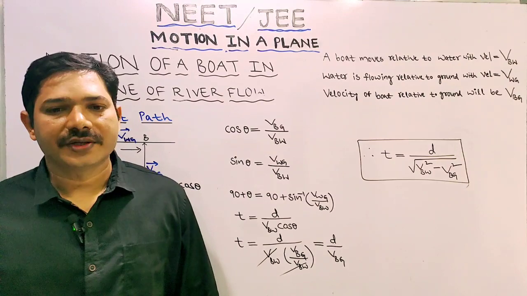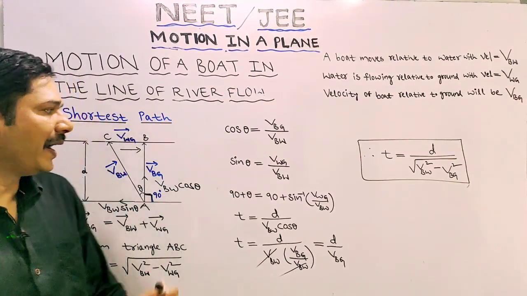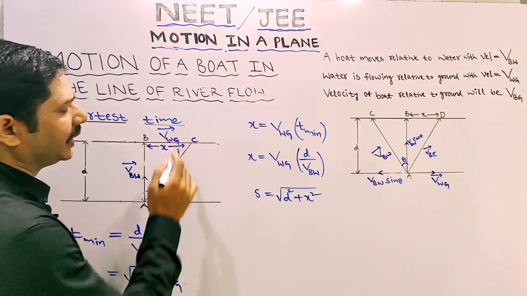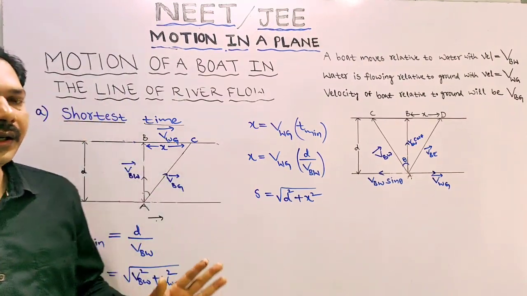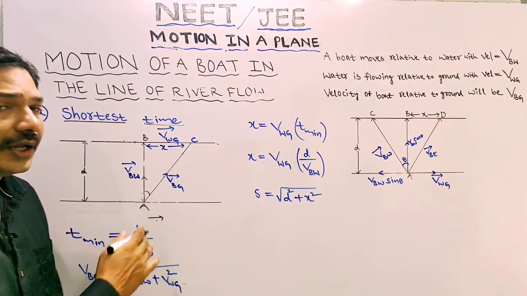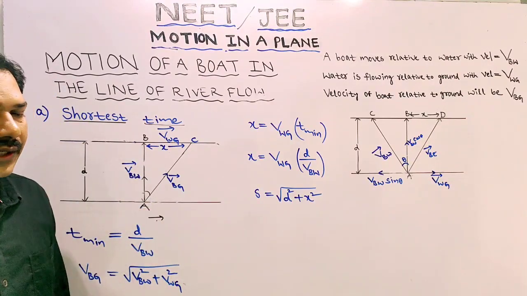So this is the shortest path to reach from one bank to another bank in shortest time. Observe here, the boat should rotate at a certain angle theta with the ground, so with the normal it is 90 degrees.